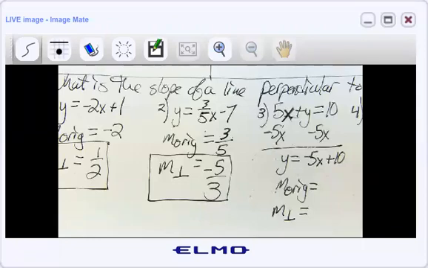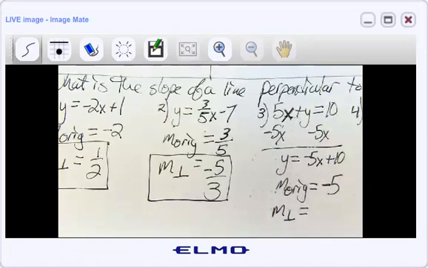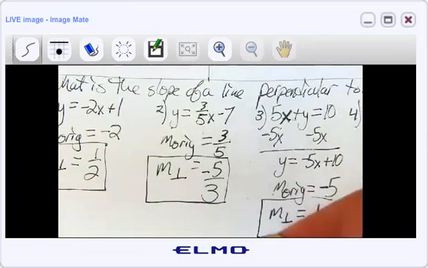Okay, Olivia, what's the slope of the original now? -5. You got it. So what would the slope of the perpendicular be? -5. Careful. If they were parallel, you'd be right, but I want perpendicular. 1/5. Yeah, positive 1/5. That's the ticket.